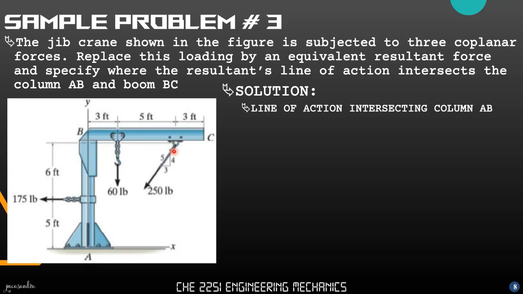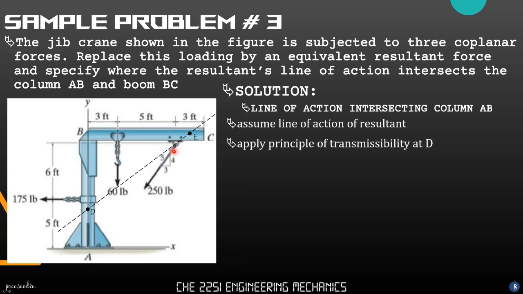Since we do not know the line of action of our resultant, we'll have to assume our line of action. So let's say we have points D and E at which the line of action passes through or intersects our column and boom. So for column AB, we apply the transmissibility at point D.